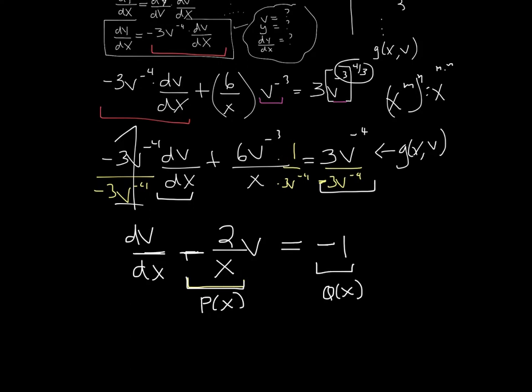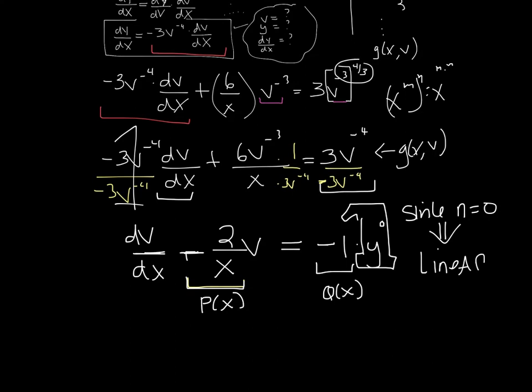Well, this is really times y to the 0, because this is really just a big 1. Y to the 0 is 1. So since n is equal to 0, this Bernoulli equation is definitely linear. That implies we can use our integrating factor, rho of x, e to the integral p of x dx. So let's go ahead and do that.